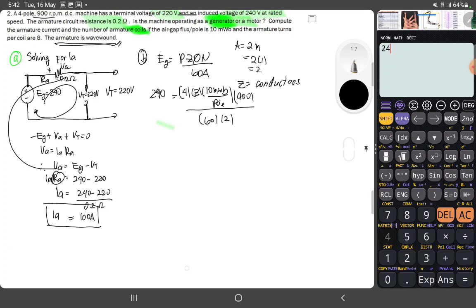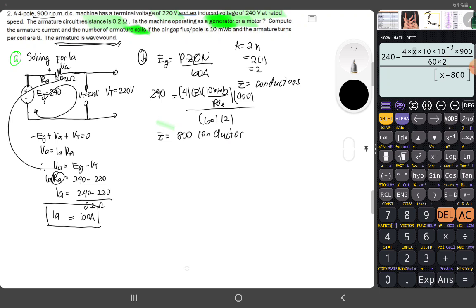In this case you may use your shift solve. So 4 times X times 10 times 10 raised to negative 3, multiplied by 900 divided by 60 times 2. Our Z is equal to 800 conductors.